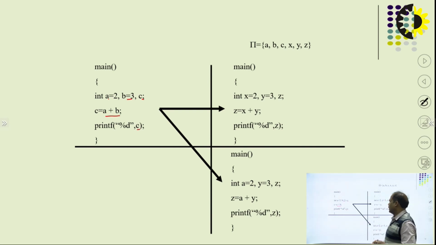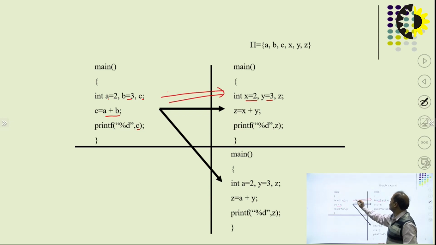Right? So suppose a student has renamed the variables: in place of A he is writing X, in place of B he is writing Y, and in place of C he is writing Z. Z is X plus Y. Same thing, it's just renaming of the variables. So we can say that this code and this code are equivalent.